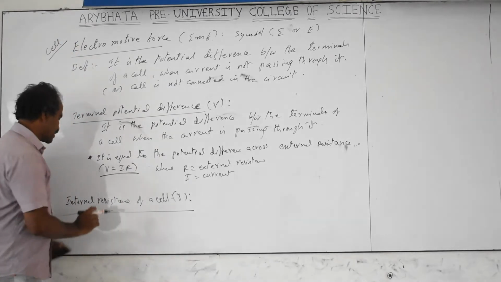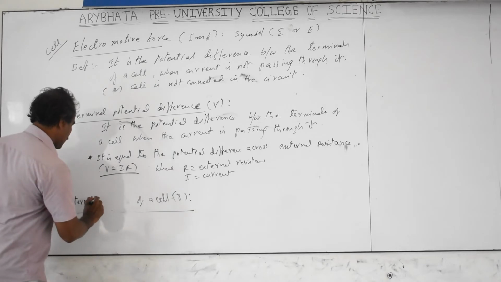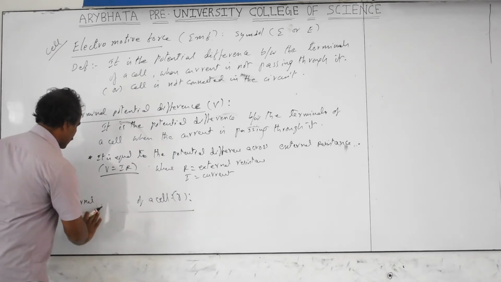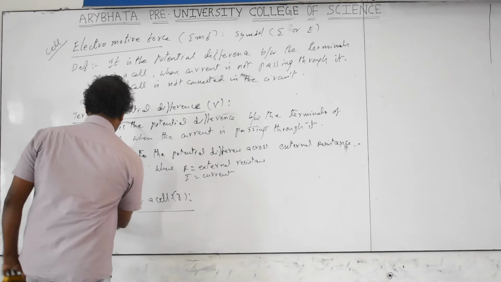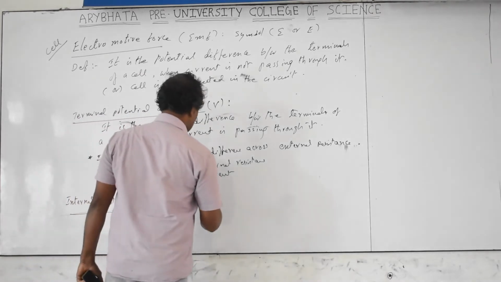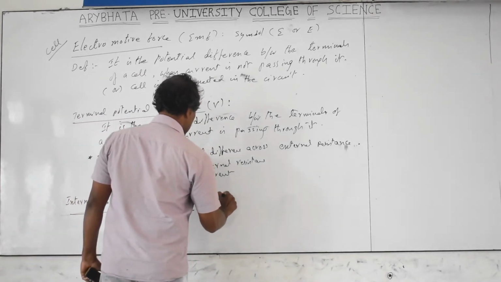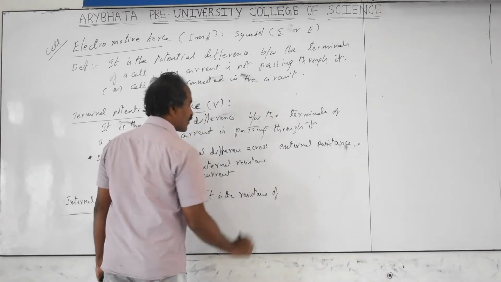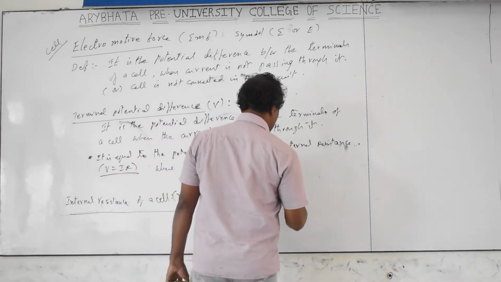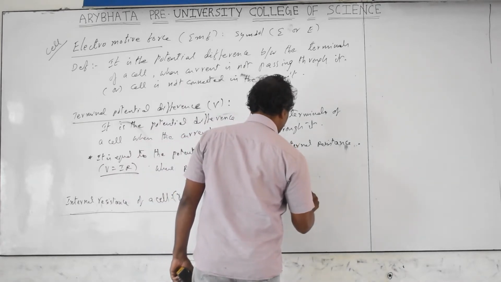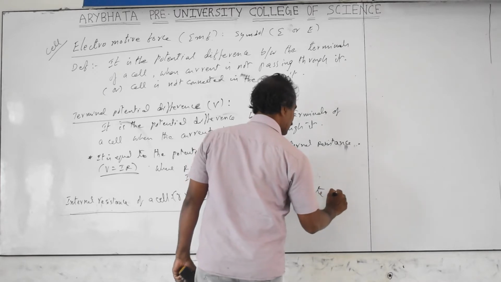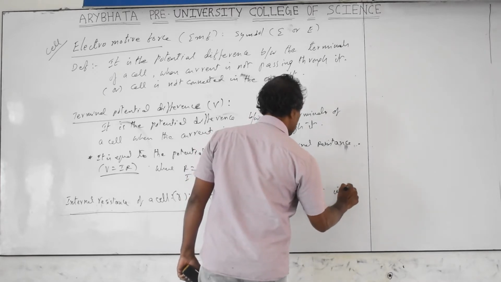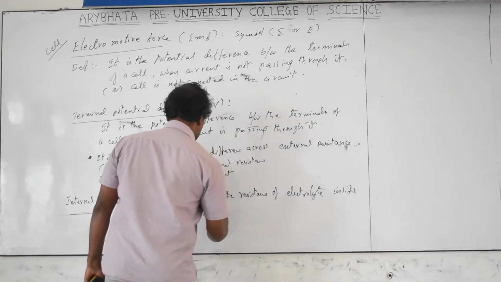Internal resistance of a cell is the resistance of the chemicals or electrolytes inside the cell.